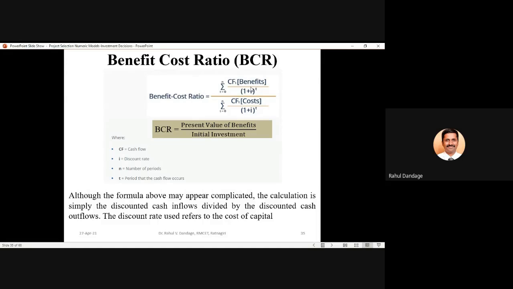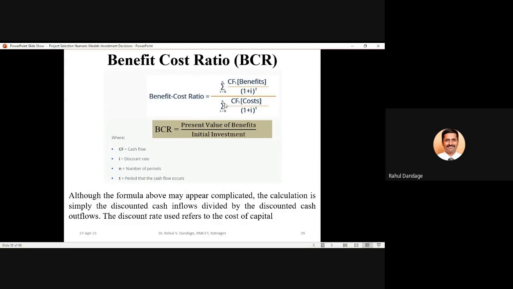Because we want to convert all these future cash flows to their present values. This gives the present value of all the future benefits. So the simple formula is BCR equals present value of benefits divided by initial investment, or if there are any costs incurred in the future also, you can convert them into their present values and put them here.